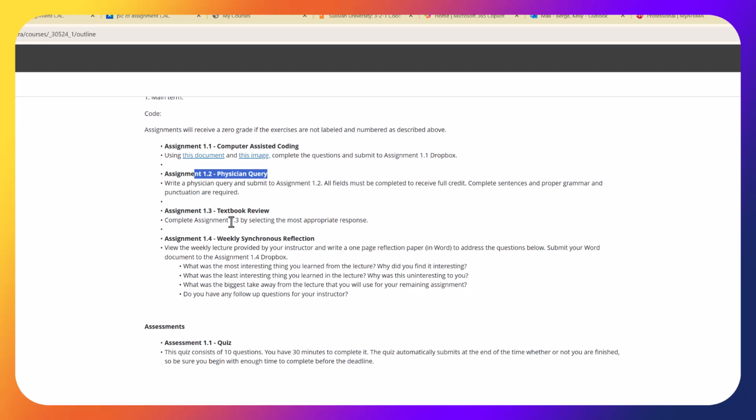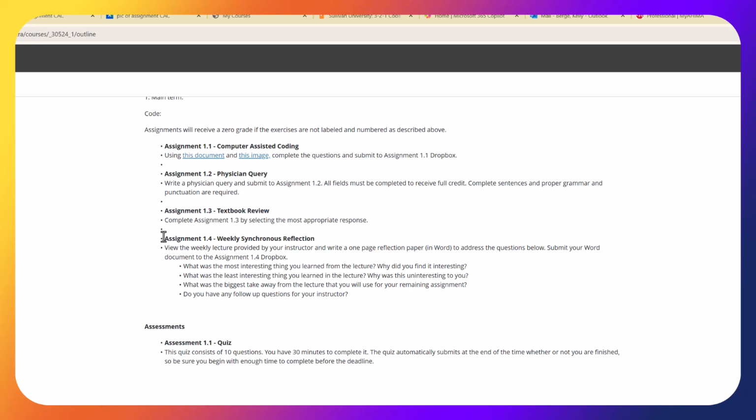Then you have a textbook review. That textbook review is multiple choice and fill in the blank through Blackboard. This is one that I'm going to review after the week is over. So if there is an answer in there that you believe is correct, don't worry about it. I will review it after the week is done, after Sunday of this coming week, and I will provide credit where necessary.